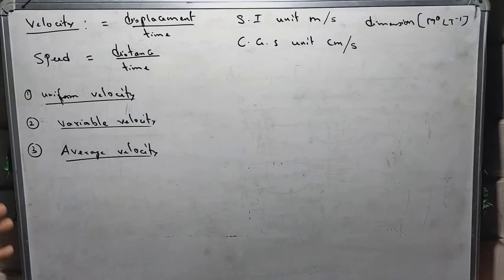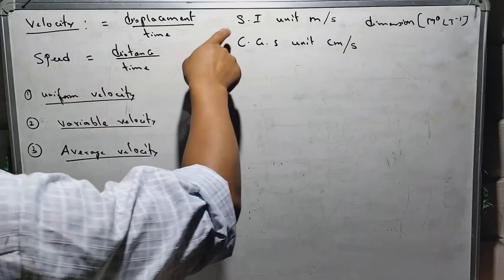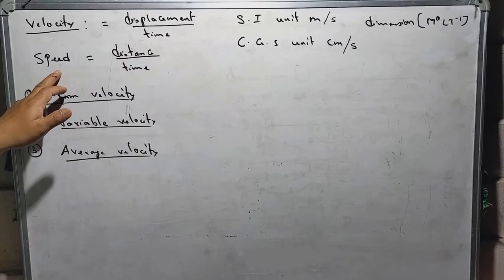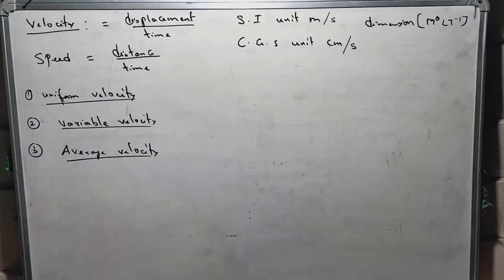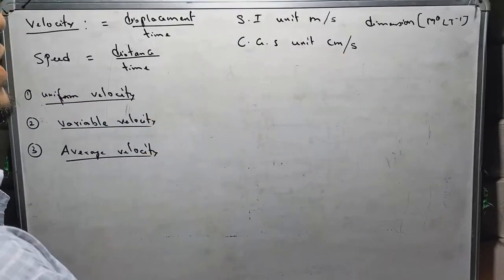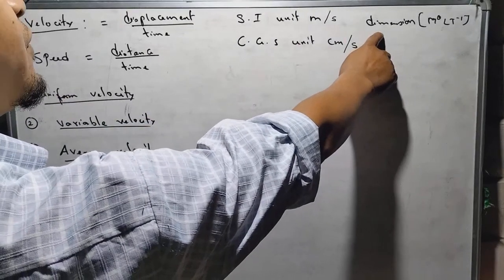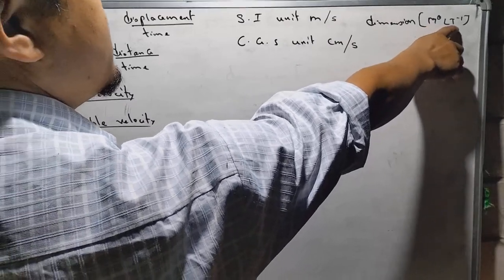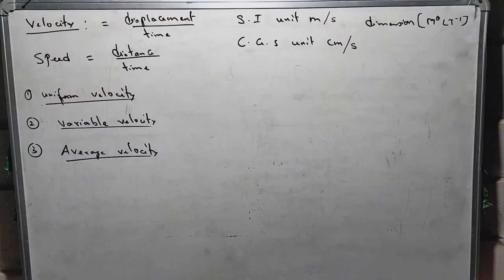The SI unit of velocity is the same as the SI unit of speed, that is meter per second, and the CGS unit is centimeter per second. The dimensions of velocity are the same as the dimensions of speed, that is M naught L T minus 1.